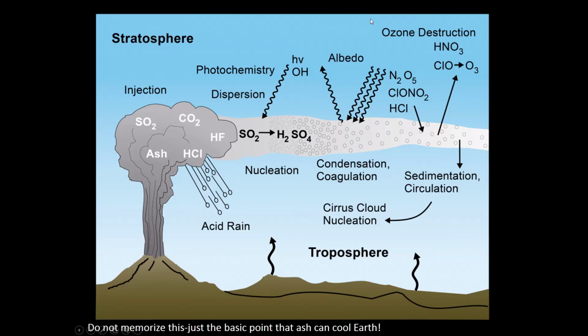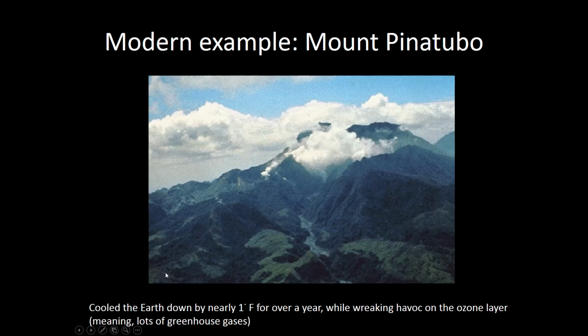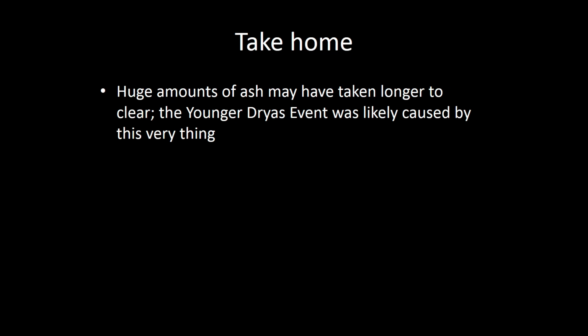We still have a whole ton of stuff going on up here. Lots of ozone destruction from all of this greenhouse gas that's coming out over here. But right here, we think it's actually getting cooler, even though it's warming it up. So it cooled the Earth down by nearly 1 degree Fahrenheit for over a year, even though it destroyed part of the ozone layer. So just remember, volcanoes can have a pretty strong effect on the atmosphere.